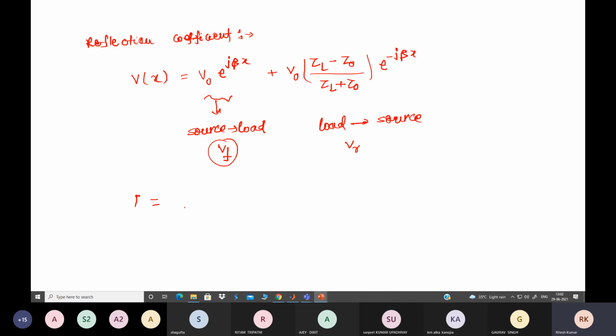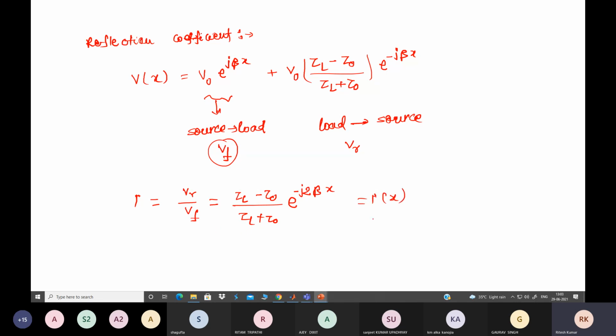Gamma is equal to Vr divided by Vf, and when you divide these two, we get (ZL minus Z0) divided by (ZL plus Z0), times e to the power minus j beta x divided by e to the power j beta x. So we write e to the power minus j 2 beta x, which is a function of x.